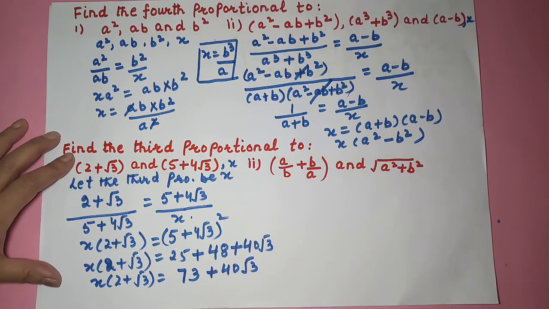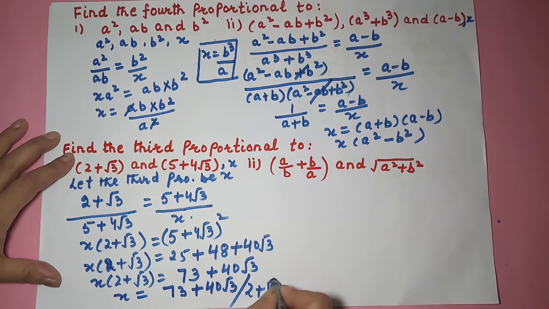So does that mean your x is equal to 73 plus 40 root 3 divided by 2 plus root 3. Right? Now, we know that we cannot have the irrational number in the denominator. So, what should we do? We should rationalize this.